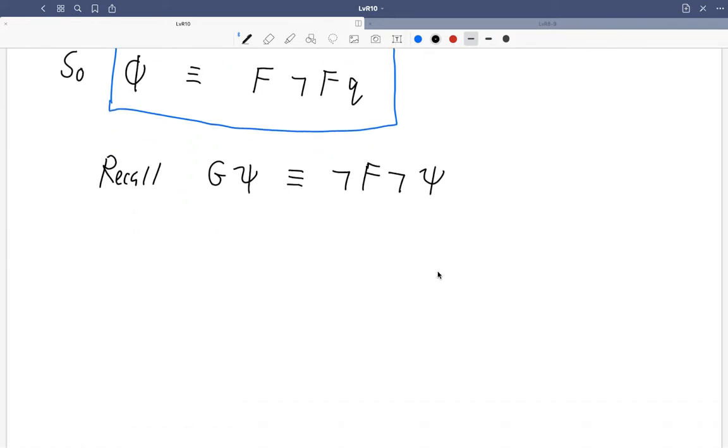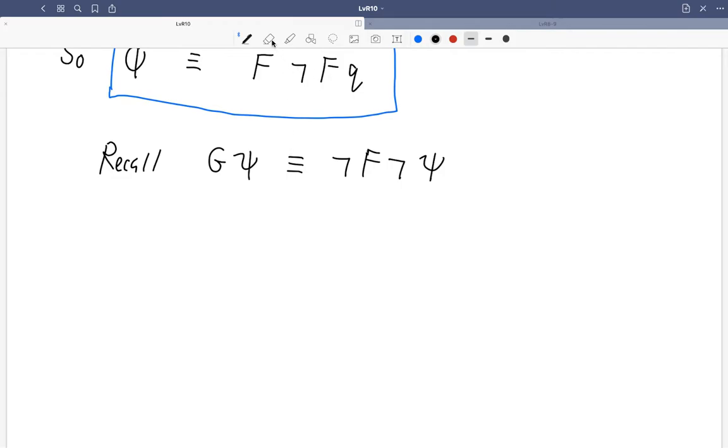So using that, we can get that phi is equivalent to F G not Q. So there is some time in the future from which always further on in the future not Q holds, or it's also equivalent to not G F Q, which says it's not true that Q holds infinitely often.